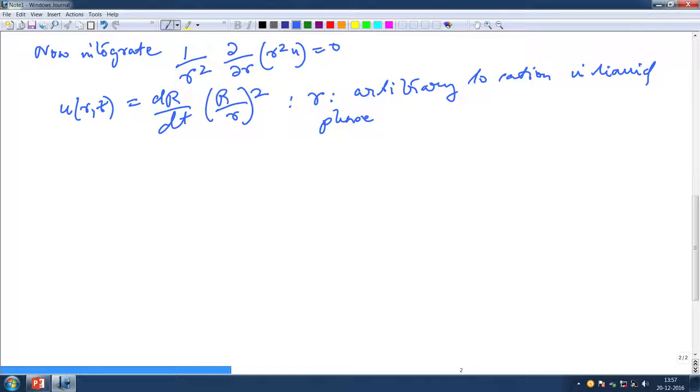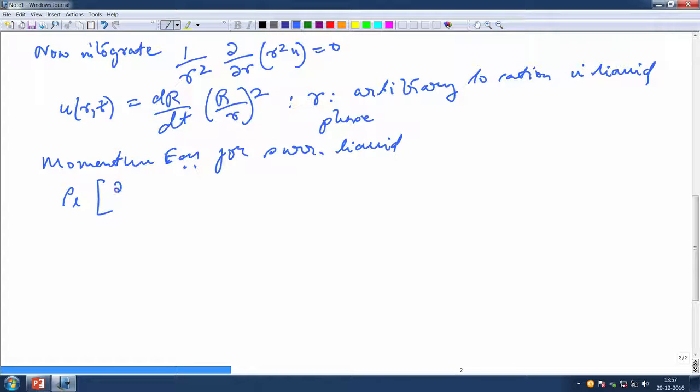Now, the momentum equation for the surrounding liquid. That is the momentum equation.